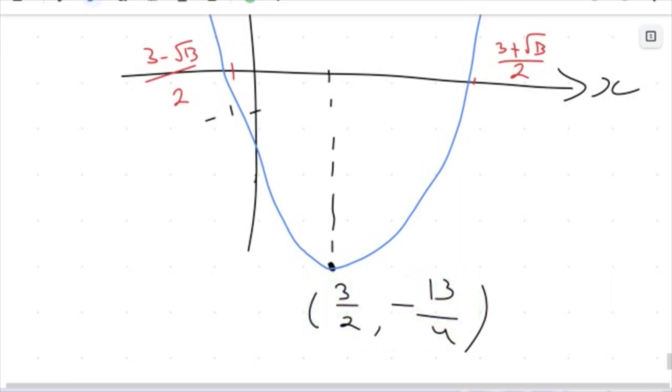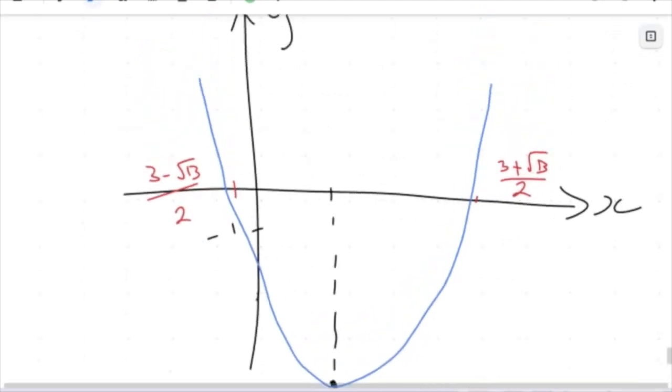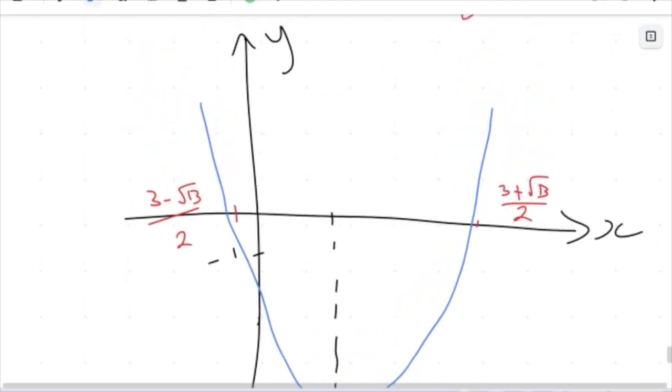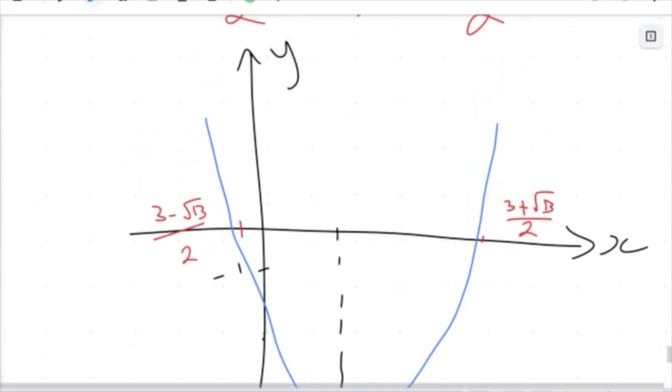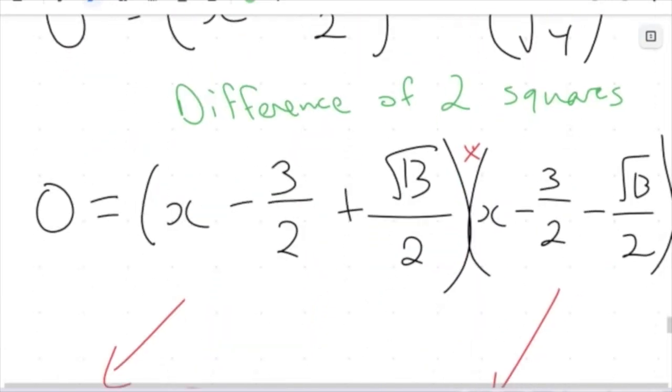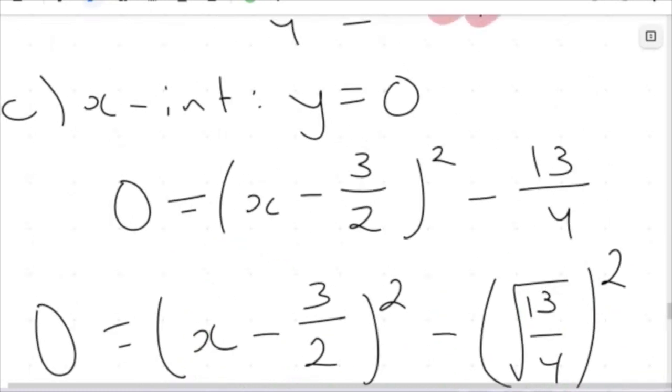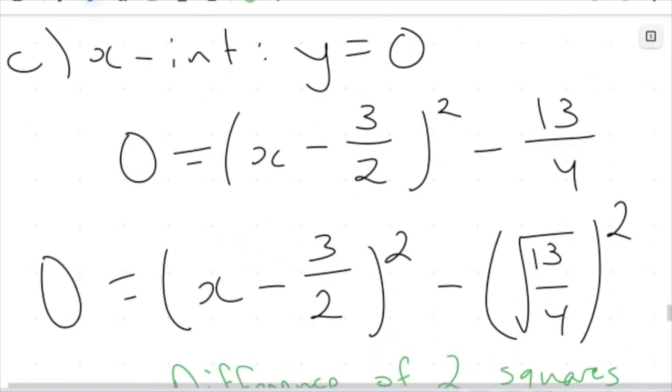That's really useful because the turning point is one of those key pieces of information. And then we can just find the y-intercept by substituting x equals 0 into the equation, and the x-intercepts we get from solving these quadratic equations via completing the square, which we've done a lot of.